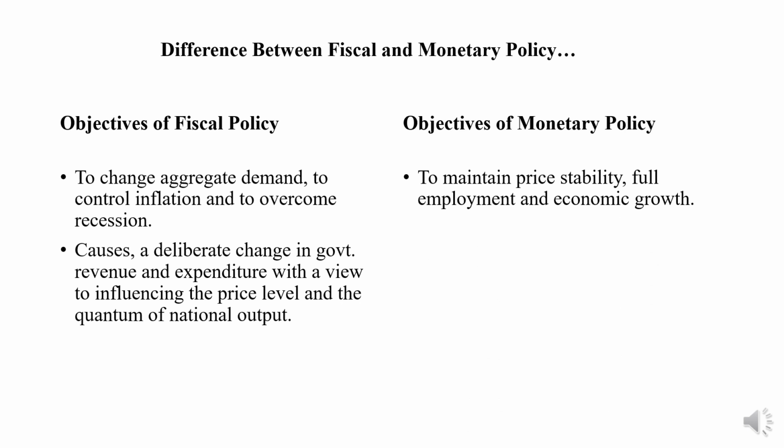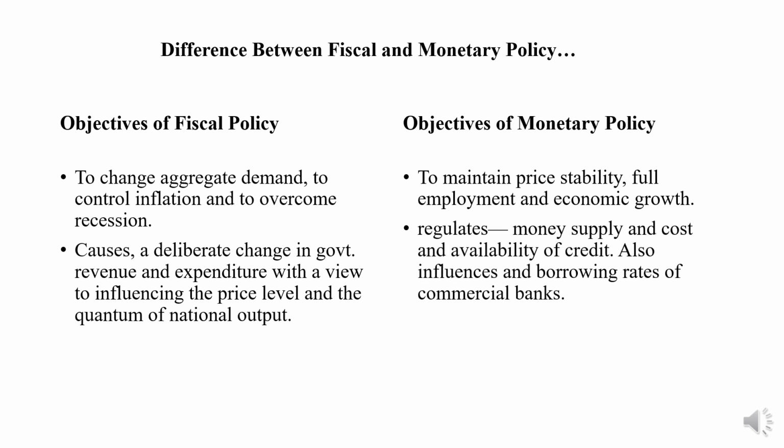The first one is to maintain the price stability, full employment and economic growth. It regulates the money supply and cost and availability of credit. Also influences the borrowing rate of commercial banks.